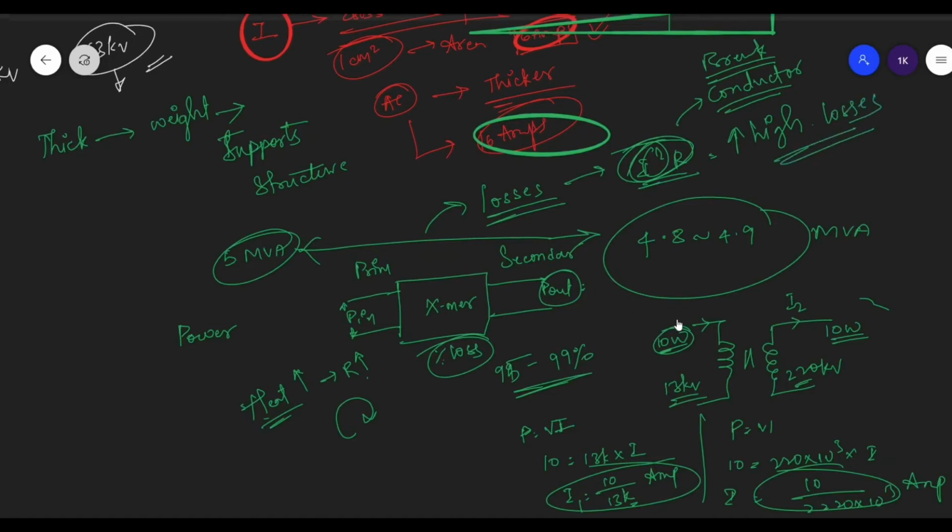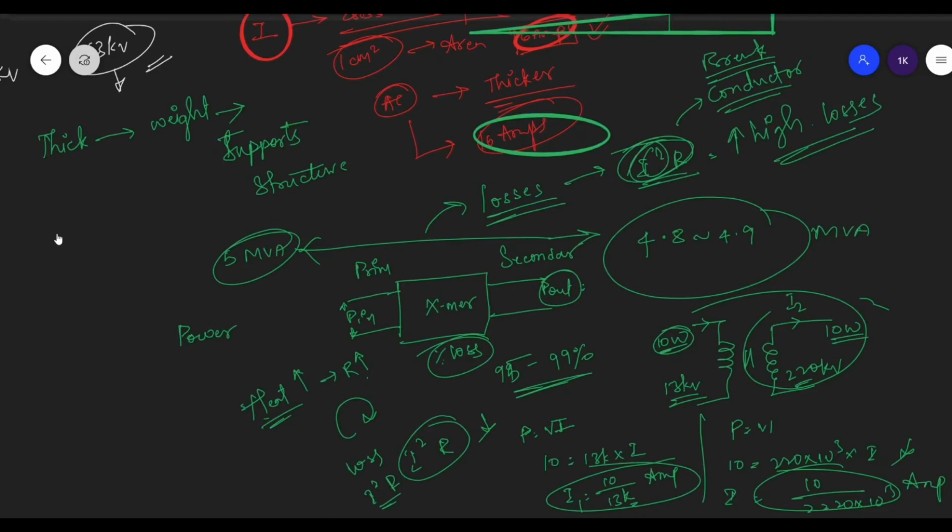If you use a transformer in this setup, the current value will be very minimal, and the I square R loss will also be very minimal. So the loss decreases and there is no heat generated or dissipated throughout the transmission line.